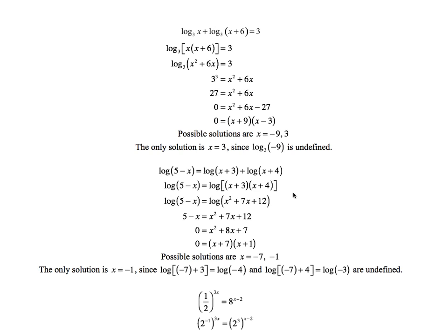Now for the next equation, we combine the two logarithms on the right side into a single logarithm using the product property, and then multiply x plus 3 times x plus 4, you get x squared plus 7x plus 12. And then you have a logarithm with the same base on each side.